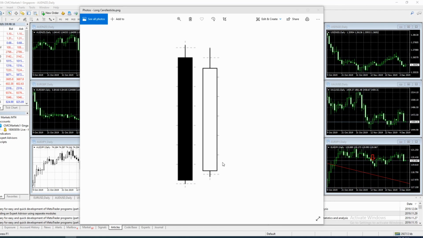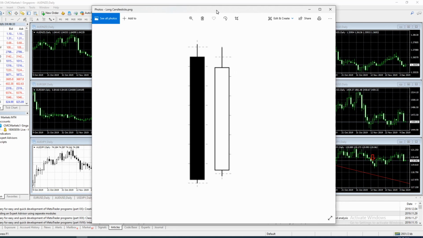Japanese candles are very commonly used in trading today, and since a few decades ago since their invention, because from a single candle you can actually see a lot of financial information for that particular time period. For example, let's say this is a candle that closed above, that means it's an upwards candle. From here we can see the opening price, which is here.